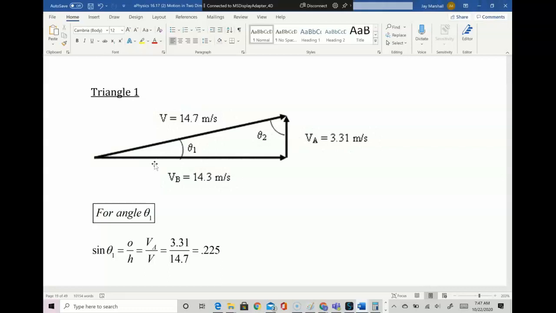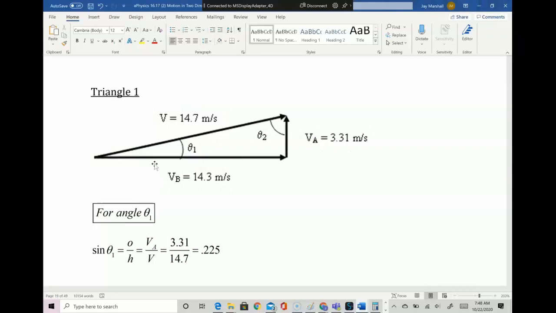And these are parts of a right triangle, and with reference to theta 1, this would be the adjacent side, this would be the opposite side, and this would be the hypotenuse, right? And so the point here is we need to be able to substitute our labels in for adjacent, opposite, and hypotenuse, because that's going to help us solve problems.